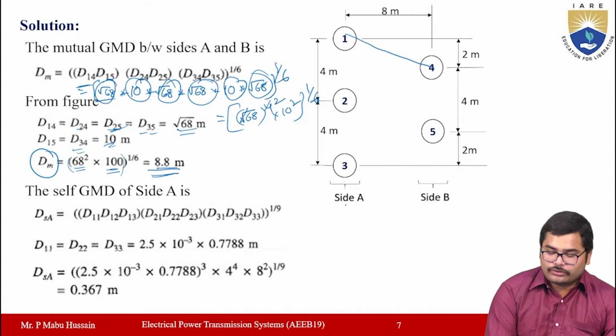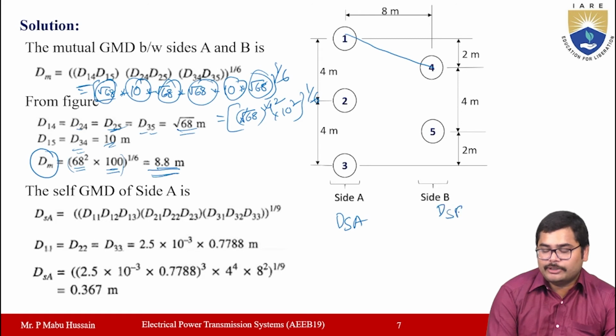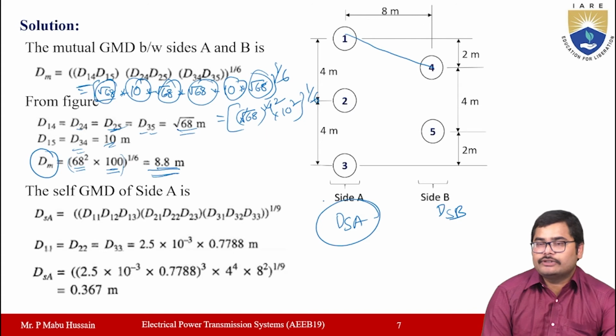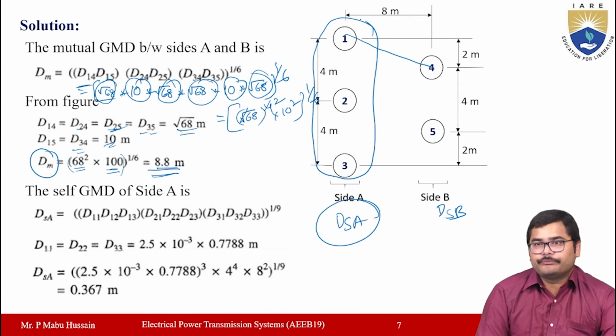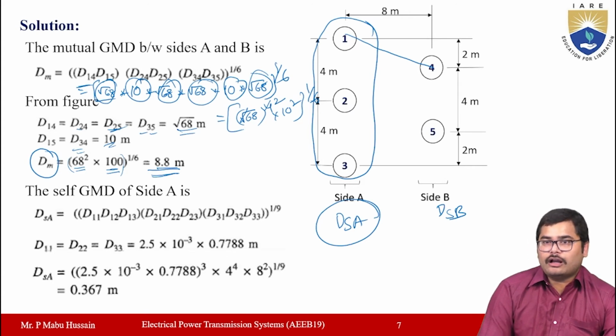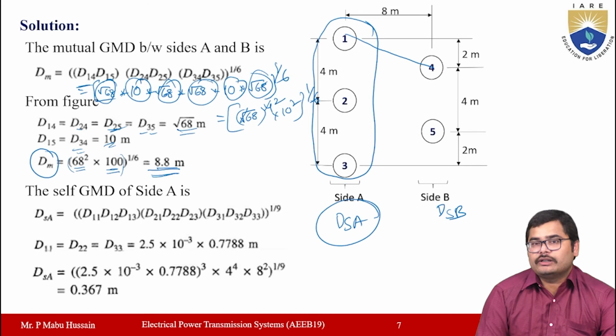Now you have to calculate the self GMD in each side. That means DSA you have to find out, and also DSB. While calculating DSA, the self GMD of phase A, you have to consider the conductors in phase A only, and you have to consider all the possible distances.